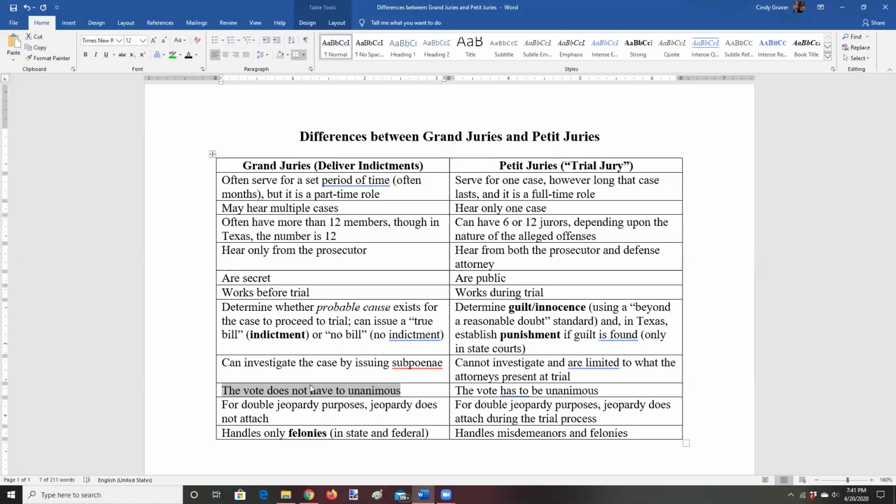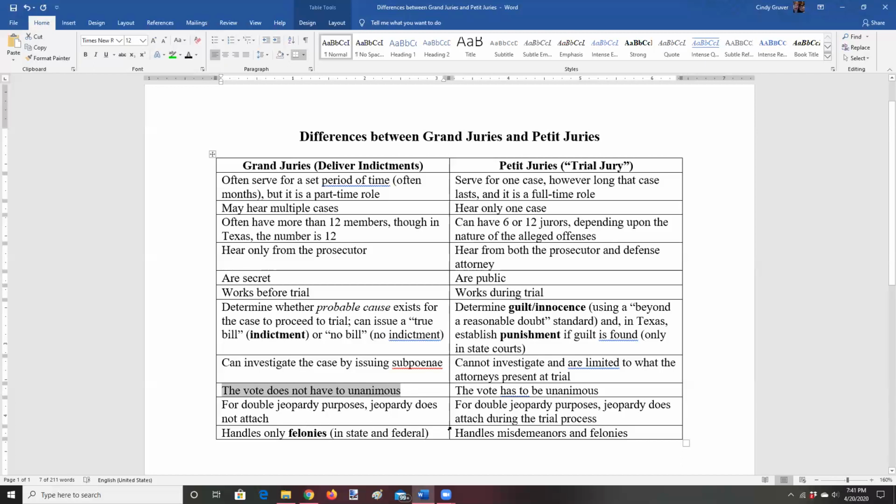And so it's a formality that really doesn't accomplish much, except inconvenience the people on the grand jury. As a result, some states have said, this isn't really protecting anybody, we're going to go ahead and eliminate it. But in Texas, we continue to have grand juries, and I haven't heard any talk of eliminating them, so I think we can expect to have them continuing in felony cases, just as we do in the federal court system.